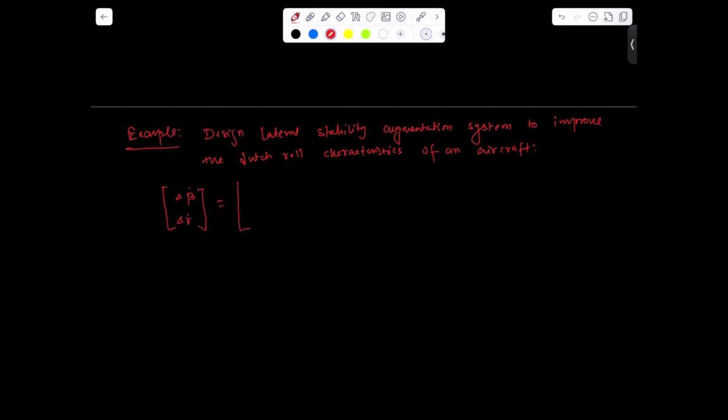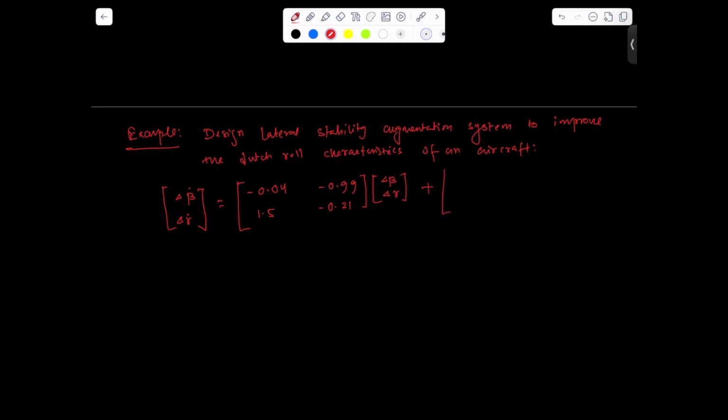For the second order system, we are considering the Dutch roll: minus 0.04, minus 0.99, 1.5, minus 0.21, and we have the state variables delta beta and delta r.